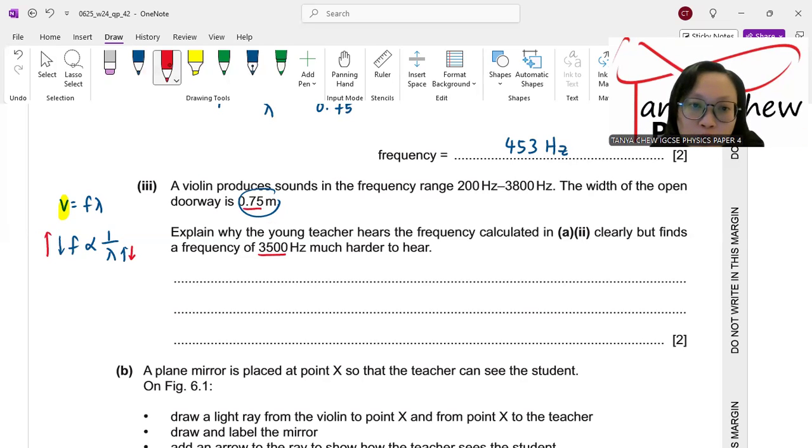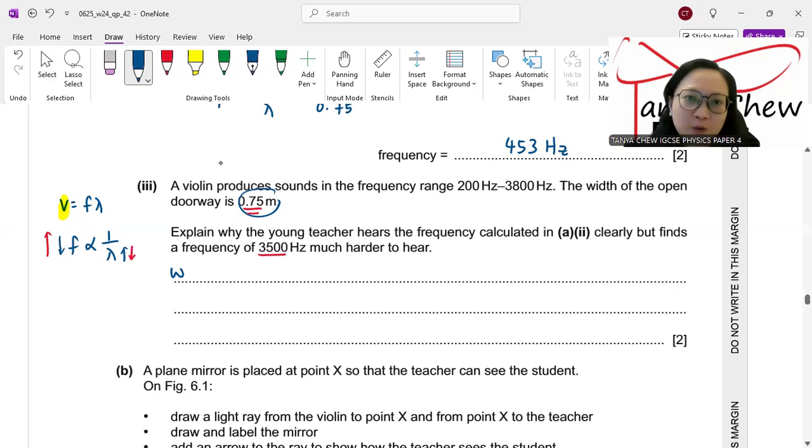So the width of the door has a larger distance as compared to the wavelength. So that is why it is harder to listen. I would say that less diffraction will occur. The best diffraction is actually when the width of the doorway is almost similar to the wavelength.